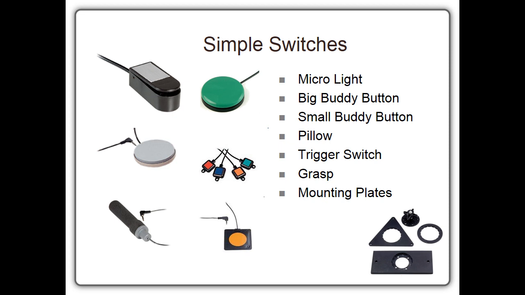Last but not least, something that's very important: AbleNet has now come up with a new set of universal mounting plates. When you order a mount, and again I mentioned we'll get to those at the end of the session, these mounting plates are now included with the universal mounting plate system. It's kind of like puzzle pieces where in one package you're able to mount the most popular switches that we have. So your big red switch, your jelly bean switches, our Jelly Beam or wireless switches, and a variety of others.